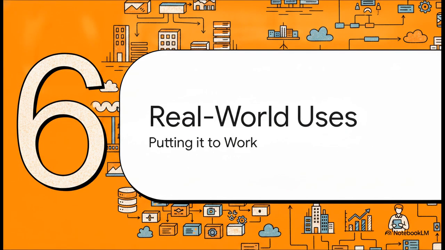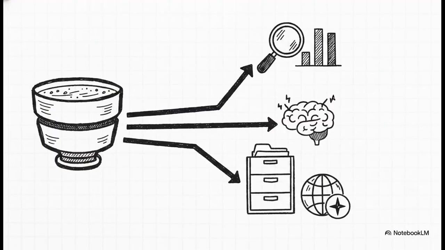Finally, we arrive at Section 6, real-world batch use cases, putting it to work. Let's see how this entire architectural stack builds towards the real-world applications that organizations rely on every single day. Because batch systems process bounded data reliably and predictably, they are literally the backbone of modern tech.